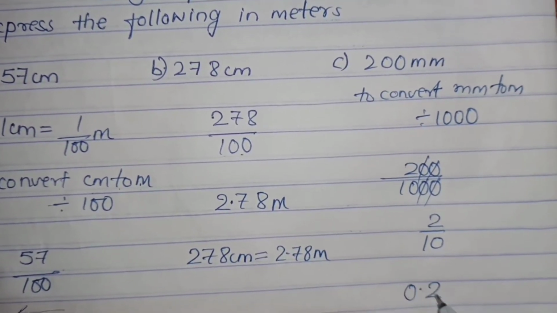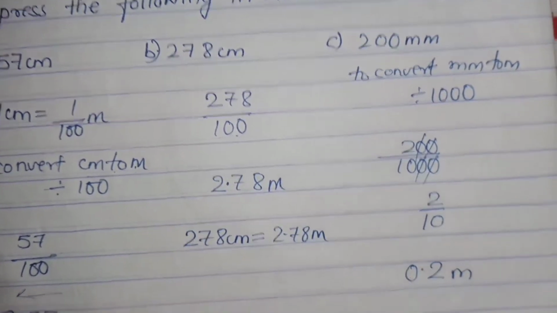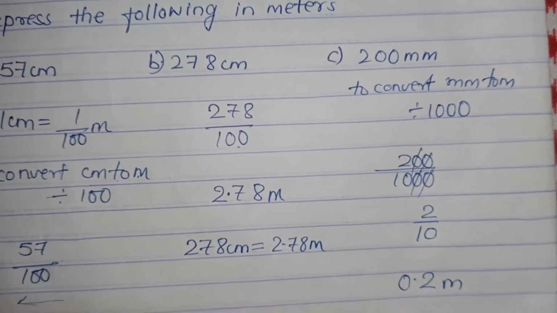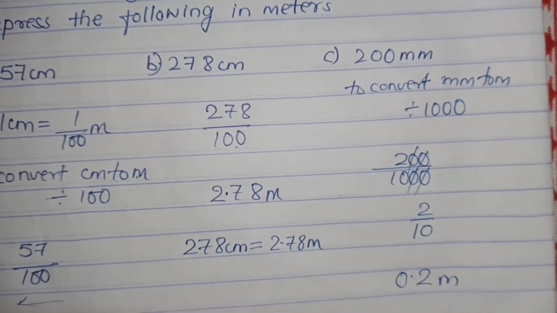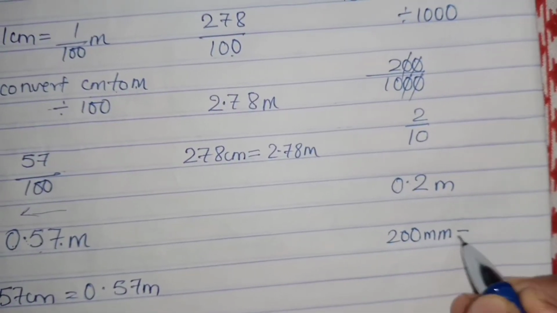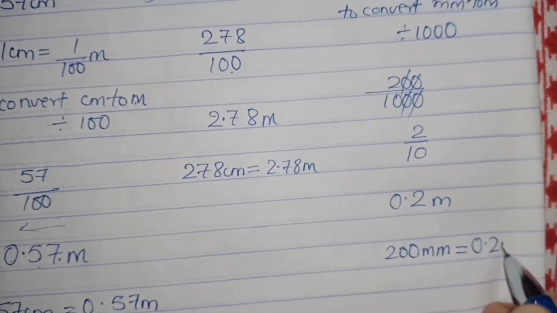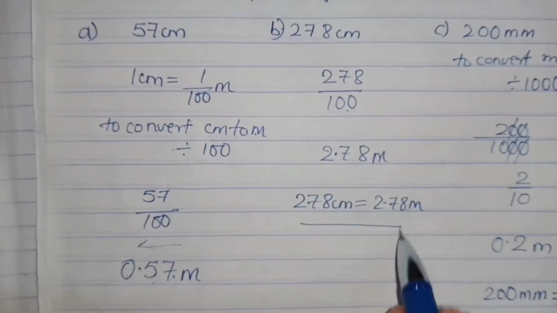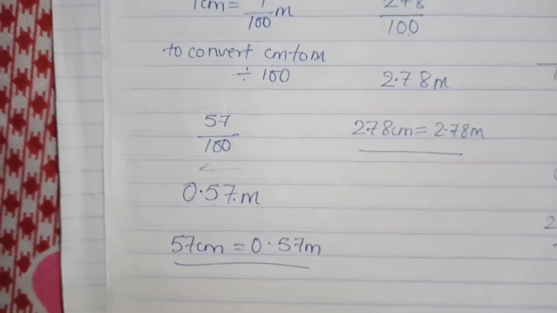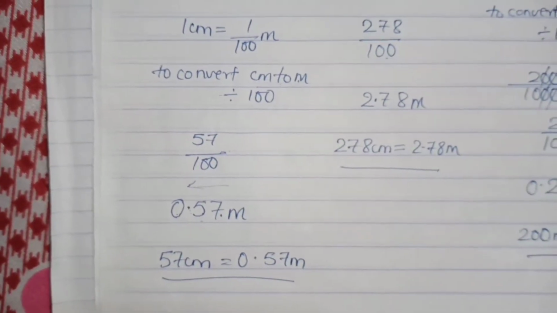So it is 0.2 meter. That means 200 millimeter is equal to 0.2 meter. So this is the answer. So done question number 2.